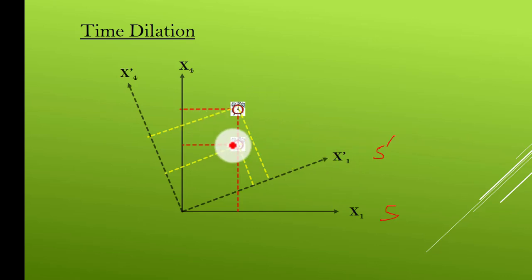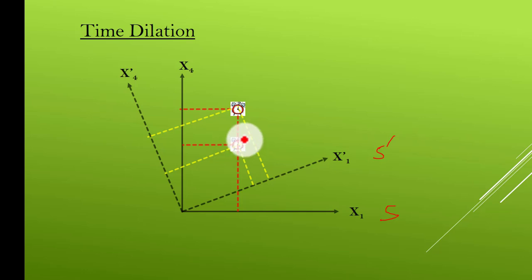We need to discuss time dilation: in the stationary frame of reference, the time measured for an event is the shortest, and if the frame of reference is moving, then the time measured will be slower, or you can say larger, as compared to that measured in the stationary frame of reference. So here we are considering the ticking of a clock.